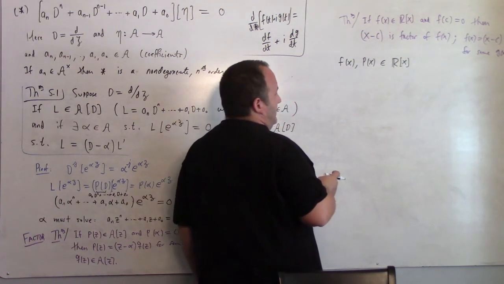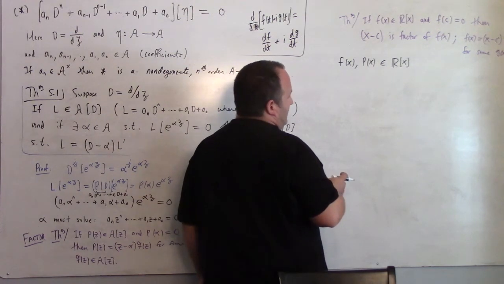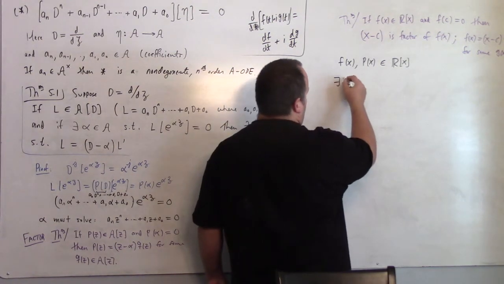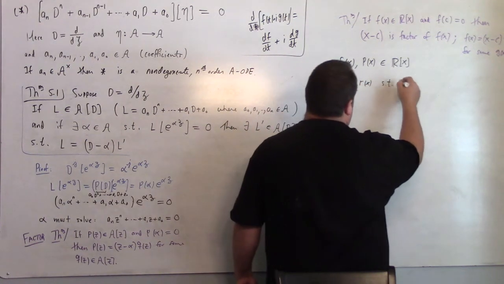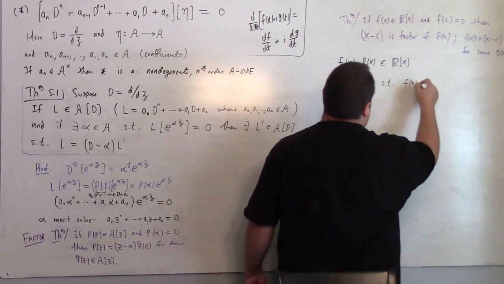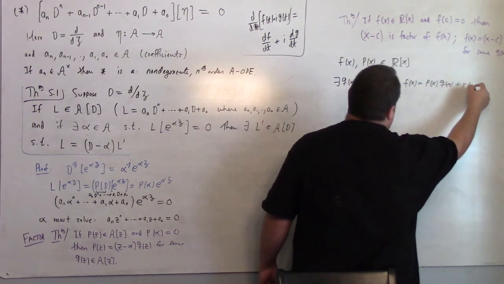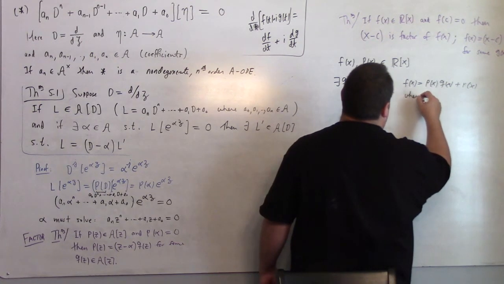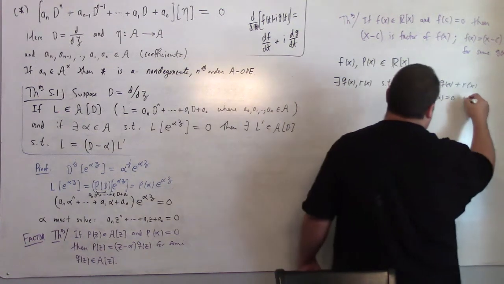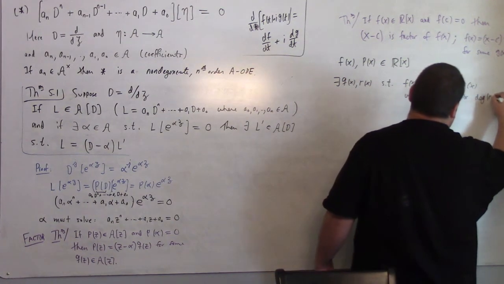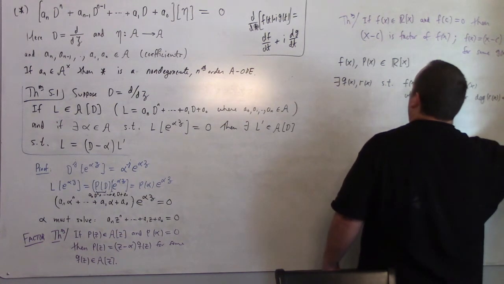I want to prove that there exist q of x and r of x such that f of x is equal to p of x times q of x plus r of x, where r of x is equal to 0, or the degree of r of x is less than the degree of the thing we're dividing by, which in this case is p.